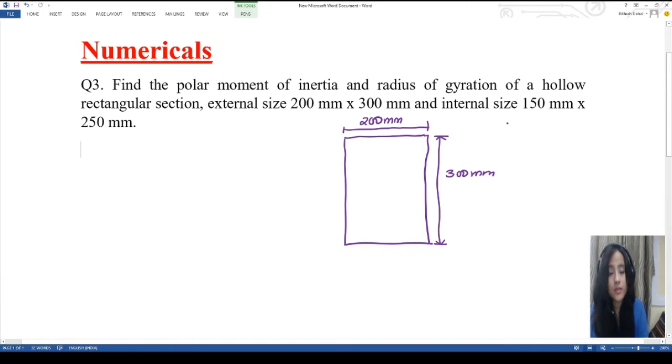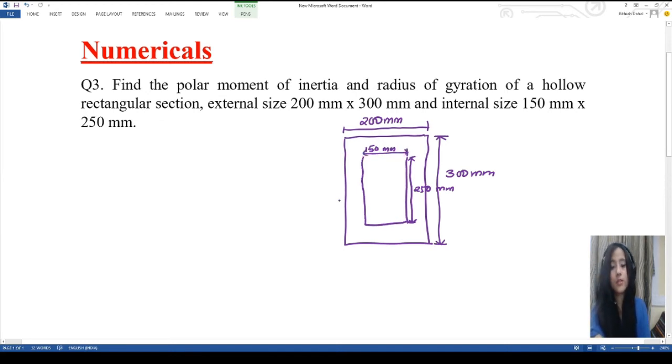Now for internal the size is given 150 into 250. From here to here it is 250 mm, right? From here to here it is 150.